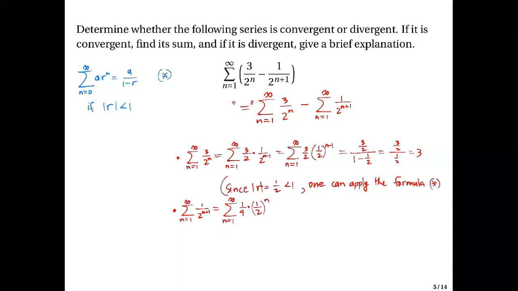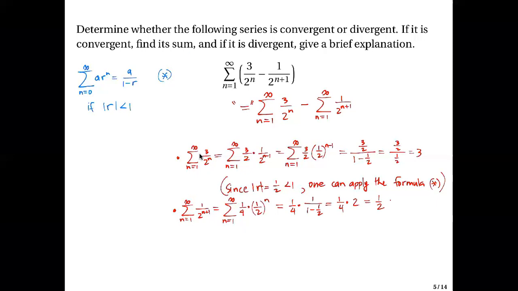And then, same reasoning as here, this series is now equal to 1/4 times 1 over 1 minus 1/2. And this is equal to 1/4 times 2, which is equal to 1/2.